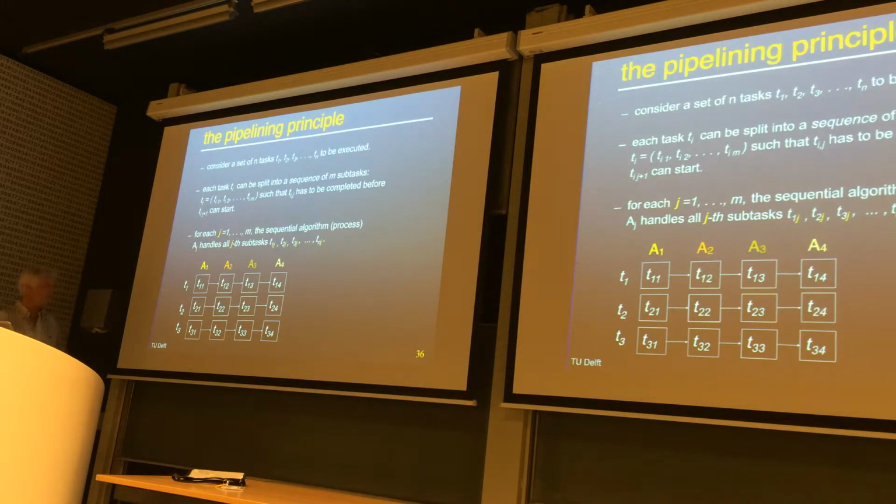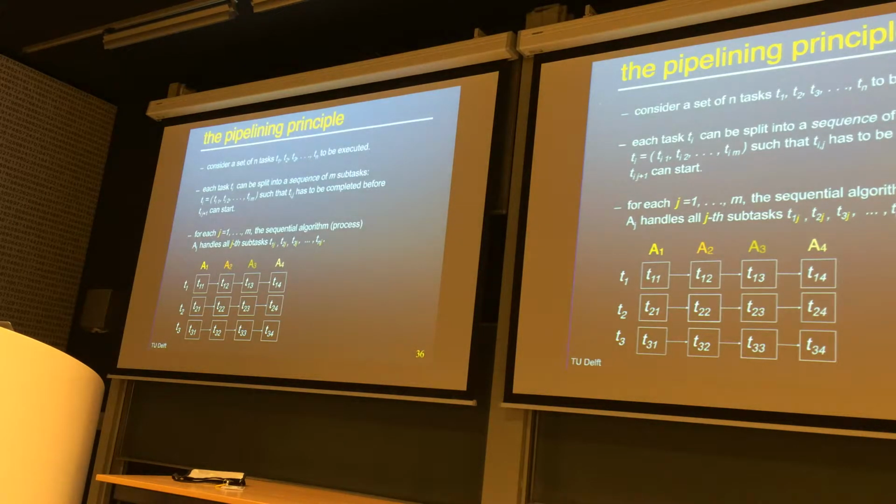That will cost you roughly, if we take each subtask to take a constant amount of time, the product of the number of tasks and the number of subtasks. Isn't it? If you have n tasks, each task taking a constant time, for example, and you have m subtasks, then we need m times n for the total processing.